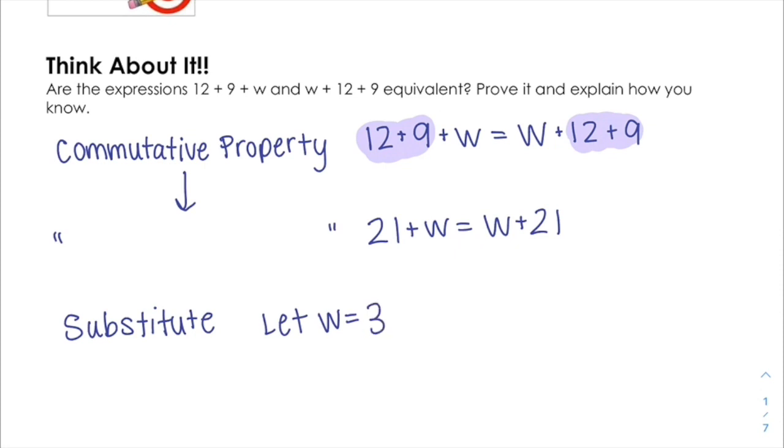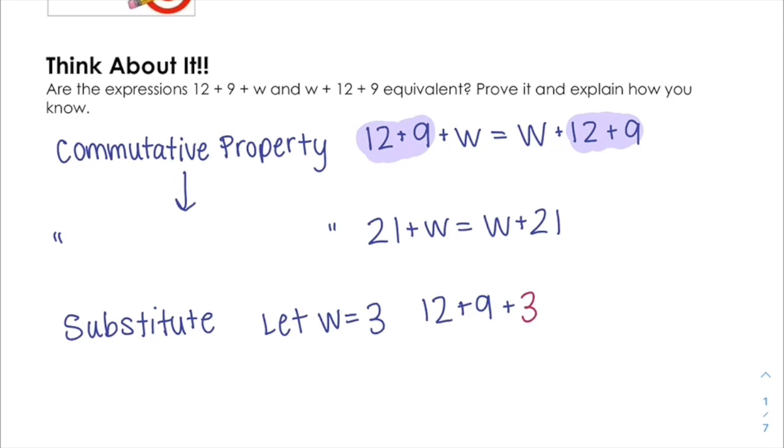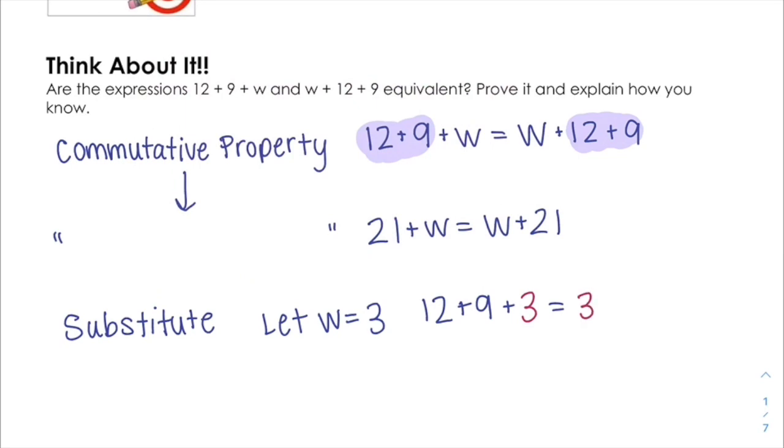Let's go ahead and plug it in. I'll plug it into the very first one. So we'll do 12 plus 9 plus w, which is 3, is the same thing as 3 plus 12 plus 9.